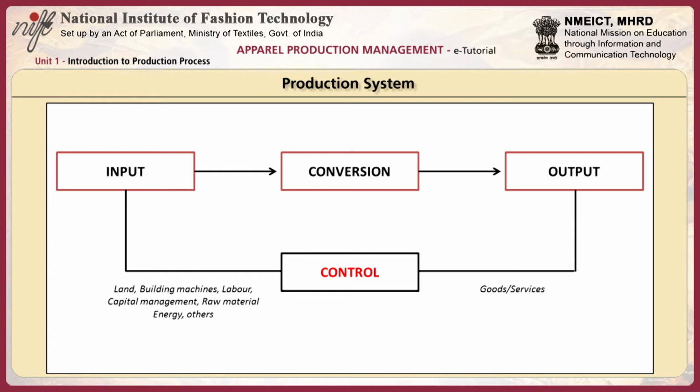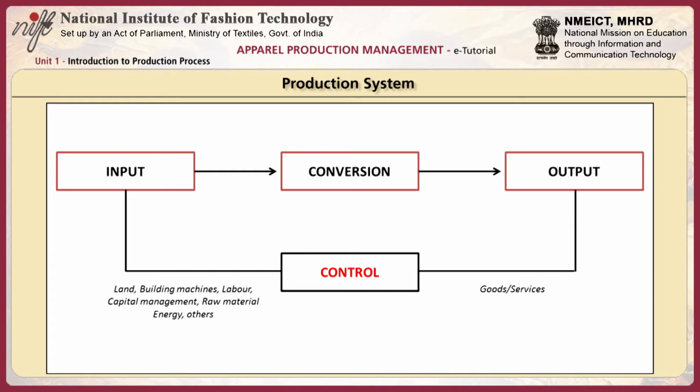Production system is the framework within which the production activities of an enterprise take place. Production is basically a conversion process through which inputs are converted into outputs.